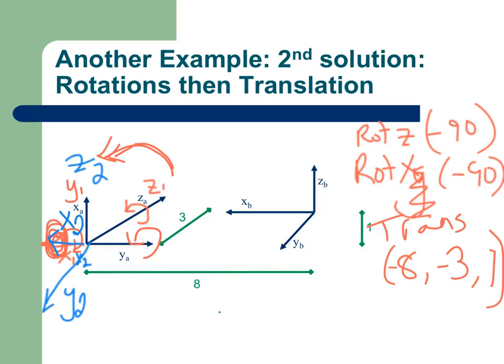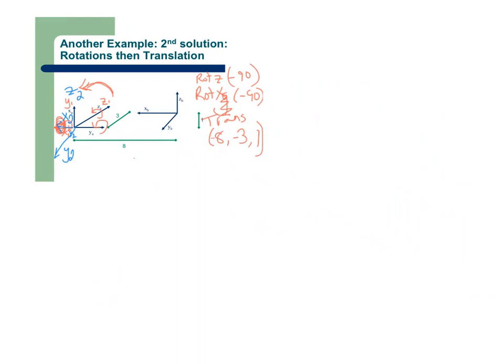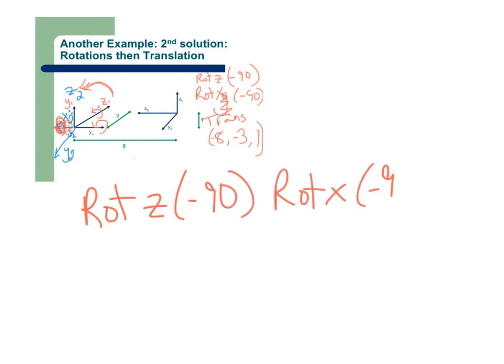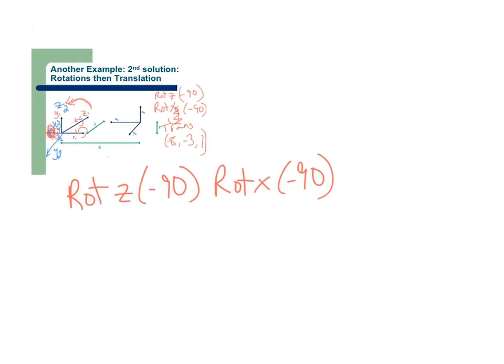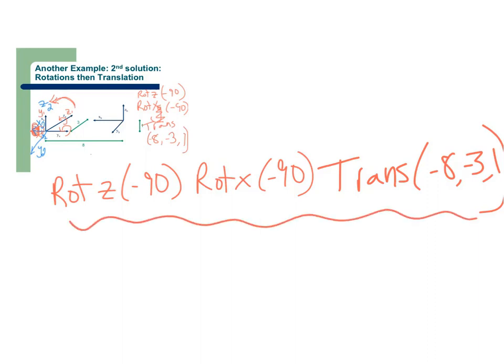To summarize from left to right neatly, we've got rot z -90, followed by rot x of -90, followed by a translate by -8, -3, 1. So theoretically, if we throw this into Mathematica, we should get exactly the same result as we did from the previous slide.